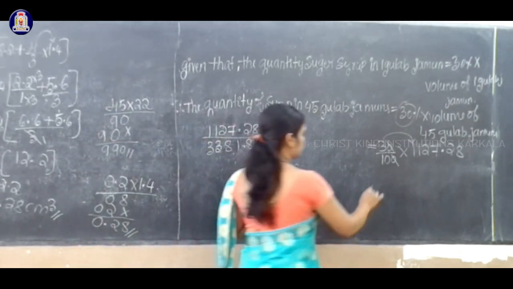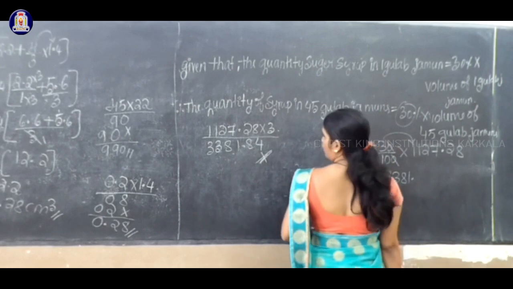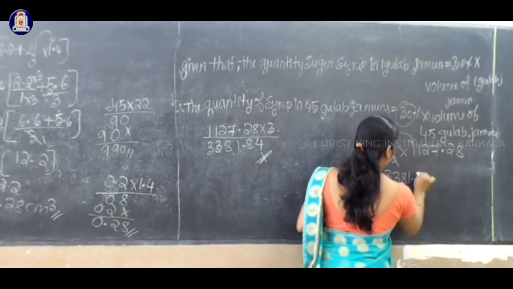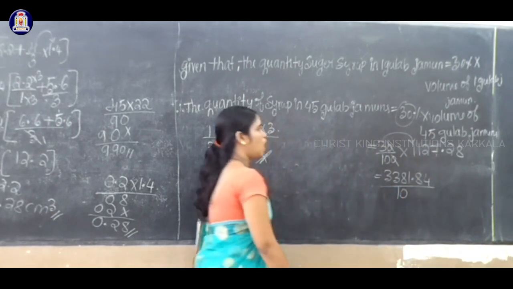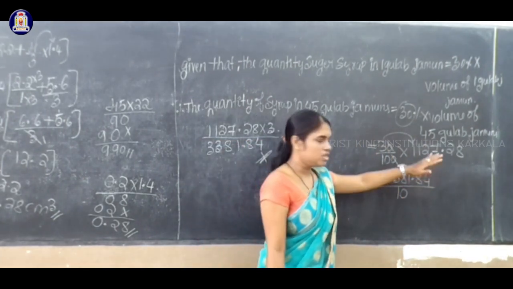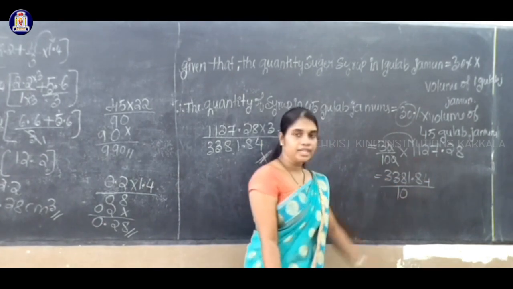3381.84 by 10. Okay. So now divide this 3381.84 by 10.